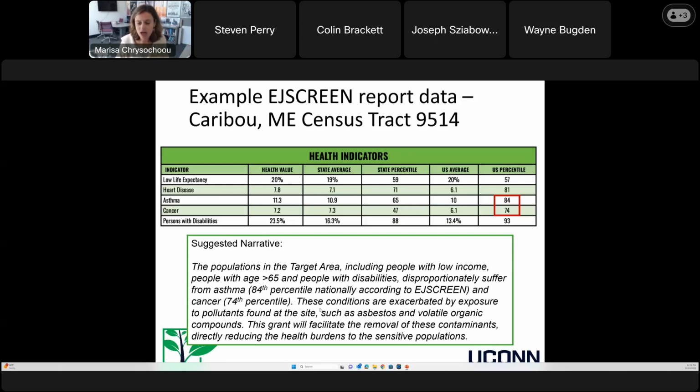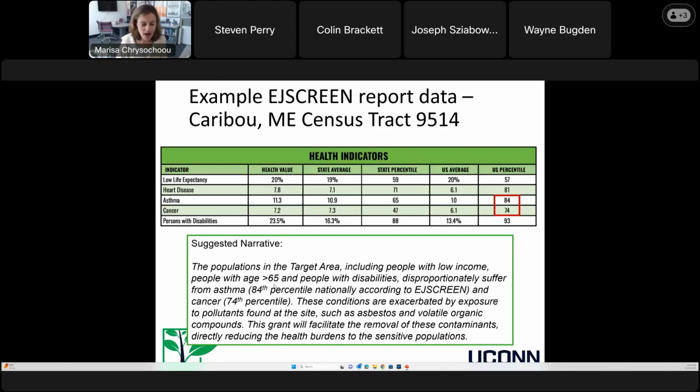These conditions are exacerbated by exposure to pollutants found at the site, such as asbestos and volatile organic compounds. This grant will facilitate the removal of these contaminants, directly reducing the health burdens to the sensitive populations. So with this small paragraph, I have addressed all the criteria in that section.